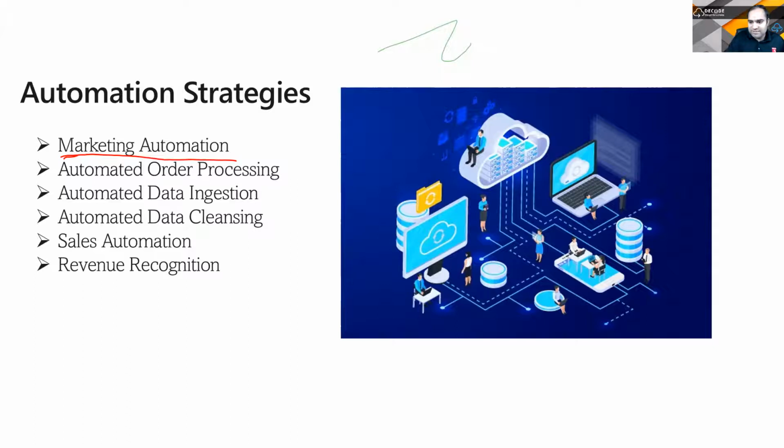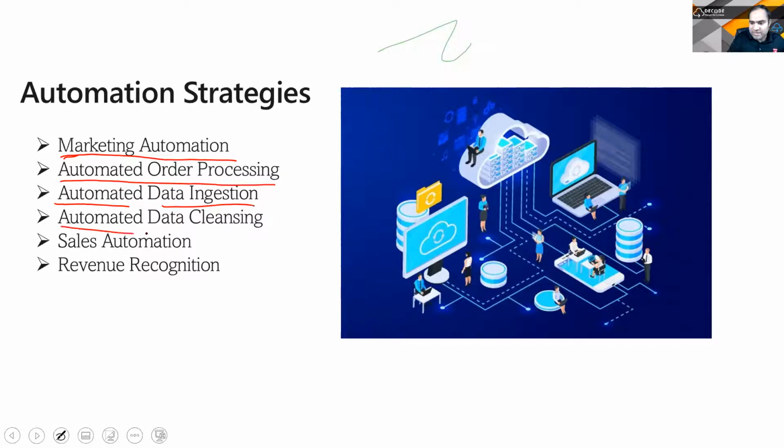You might want to consider an automated order processing from your ERP system, which is taking care of your website order processing, XML serialization, all these processes into consideration. You might want to consider an automated data ingestion from various data sources, get it processed, get it formatted, get it cleansed, get it loaded, and then get that formatted for having some more informed decisions out of that, data-driven decisions out of that.